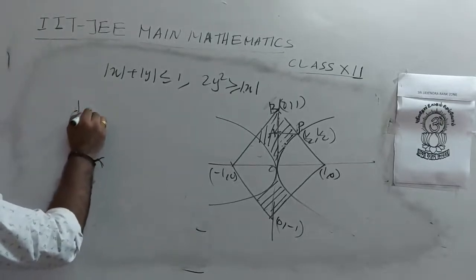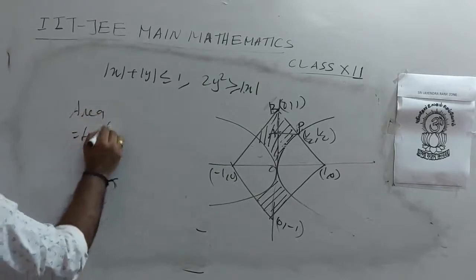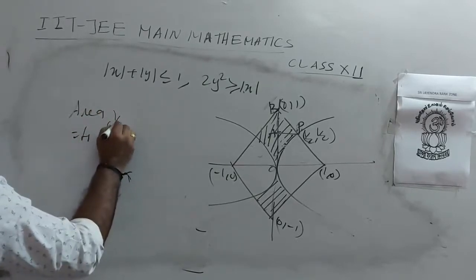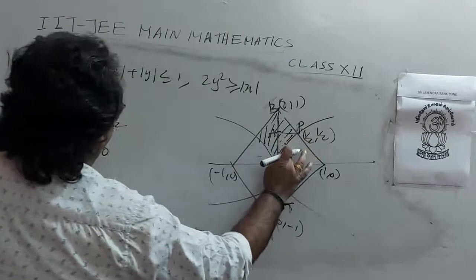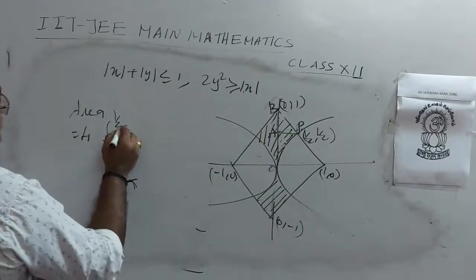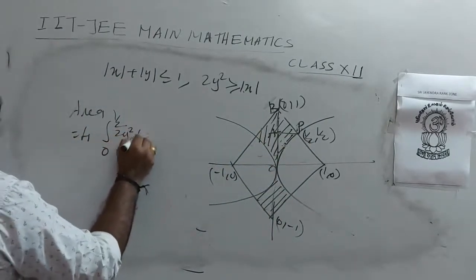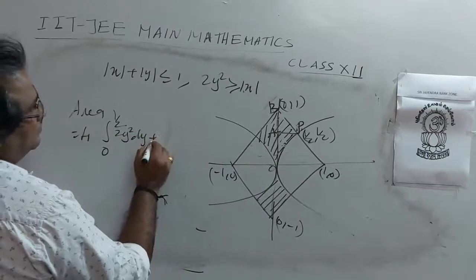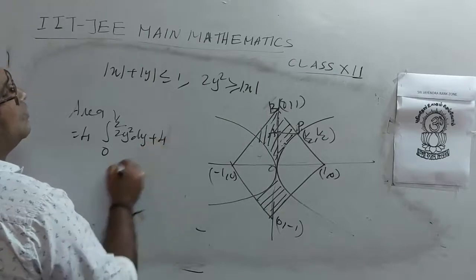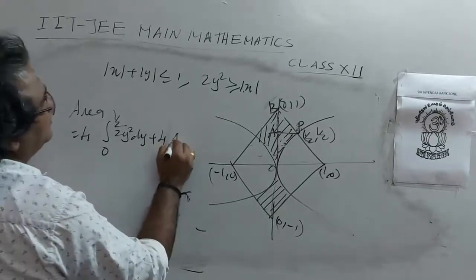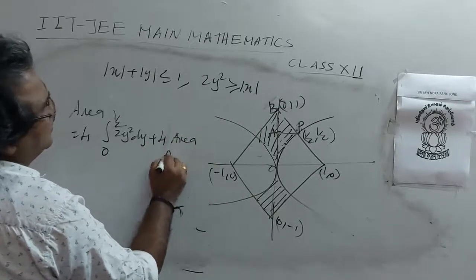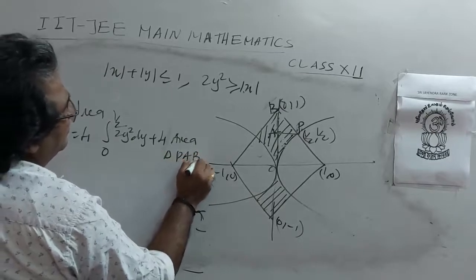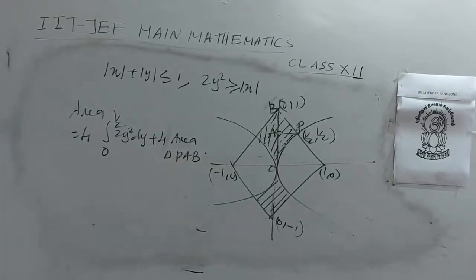So area equal to 4 times integral 0 to half of 2y squared dy, plus 4 times area of triangle PAB.